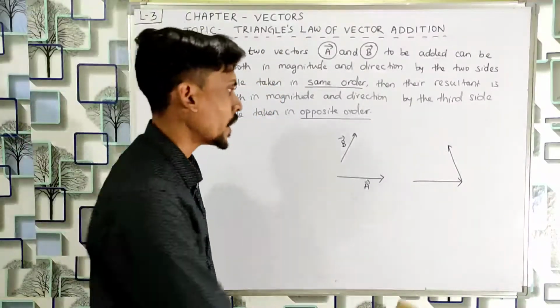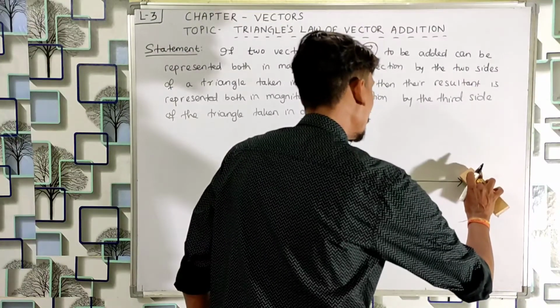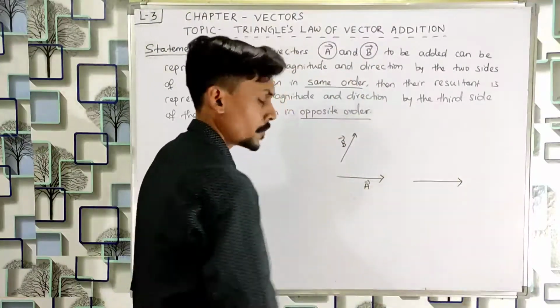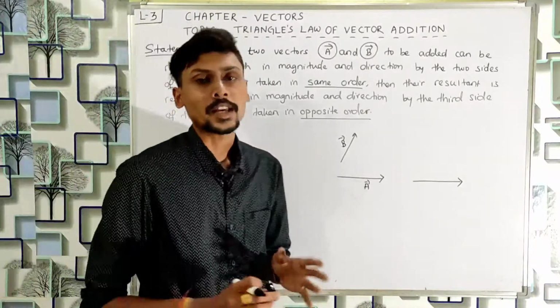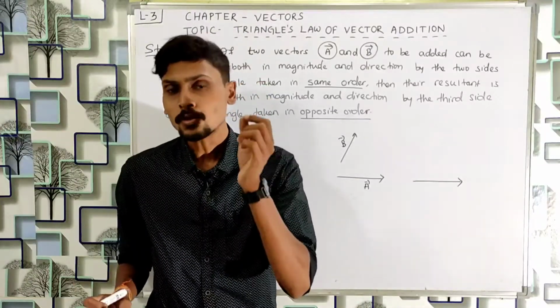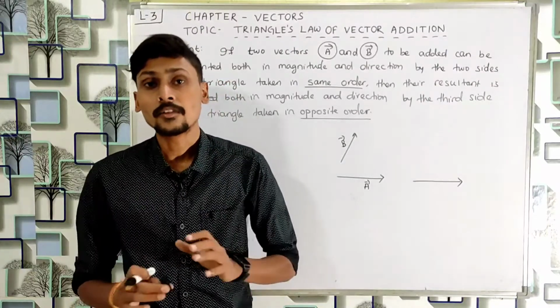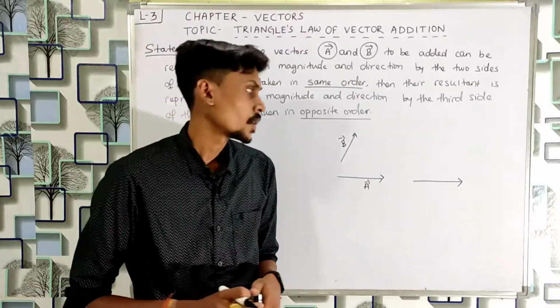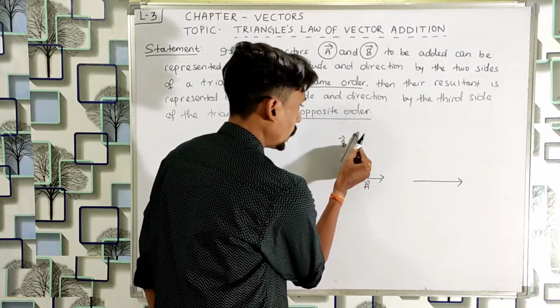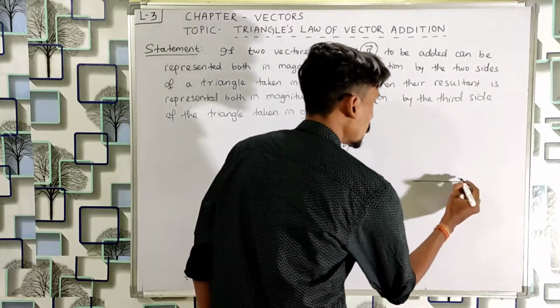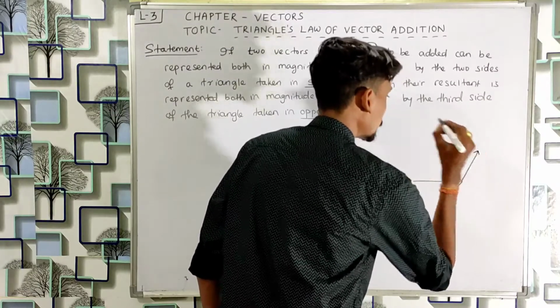So always keep in mind that when you are shifting vector B to the head of vector A, you should not change the direction, because when you change the direction of a vector, the vector will be changed. So I will shift this vector B parallel to itself and place it here like this.